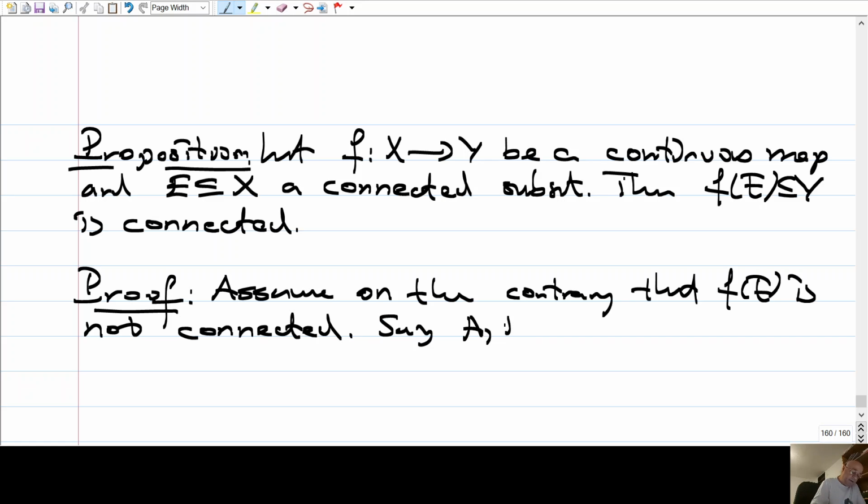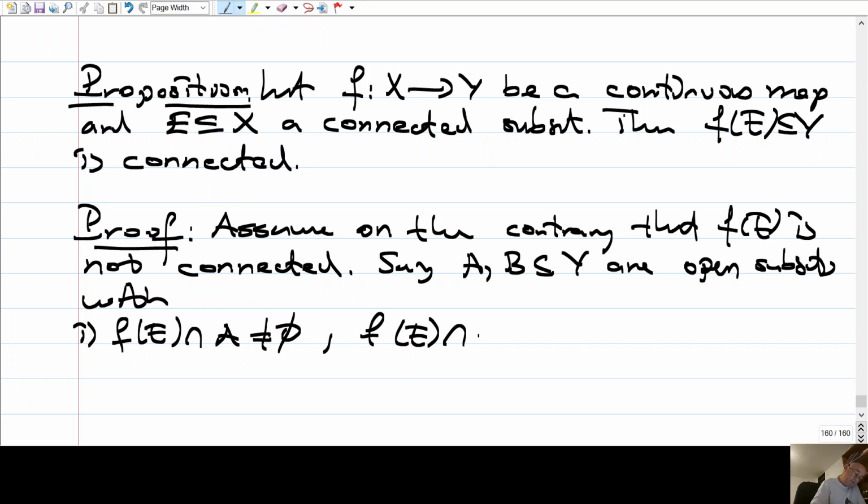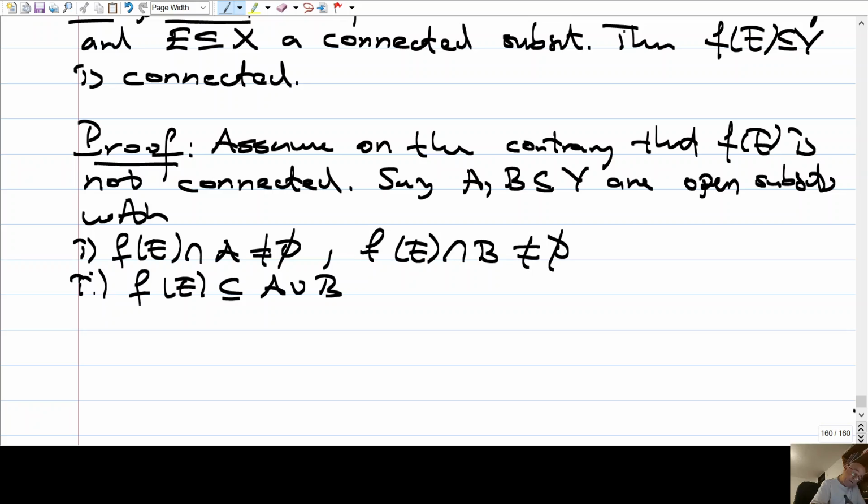Say A, B are open subsets of Y with the following properties. f of E intersection A is not empty. f of E intersection B is not empty. f of E of course lies inside A union B. And f of E intersection A intersection B is empty.